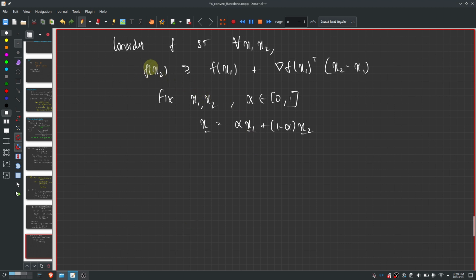Now I'll basically just apply this for both x1 comma x and x2 comma x. This is true for all x1, x2, right?